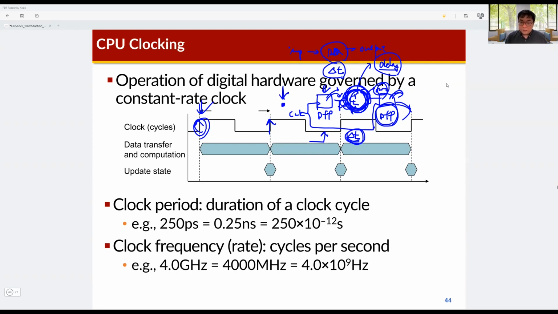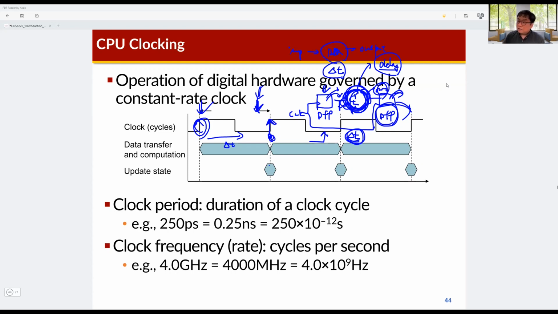In this case, we need to slow down the clock signal, that means make the clock period longer. So after delta t, the output signals will be generated here, and then these output signals will be sampled by the next rising edge of the clock signal.